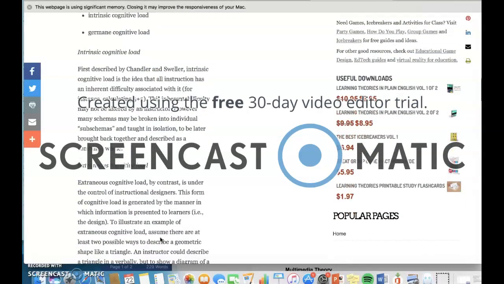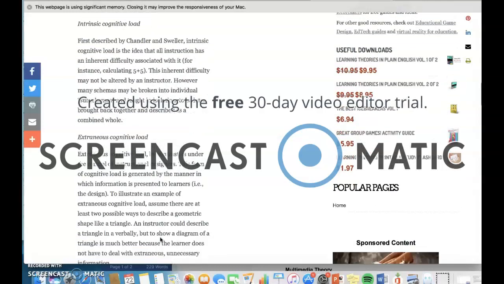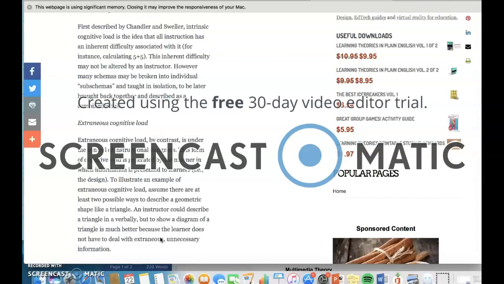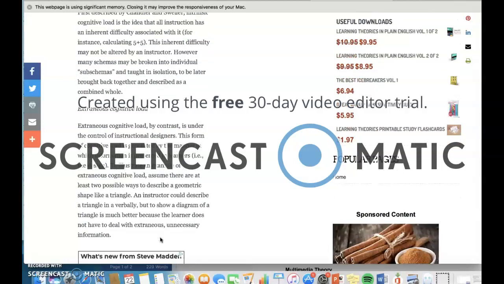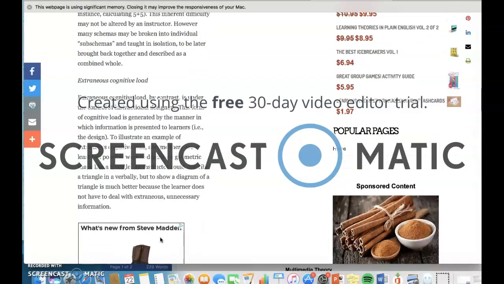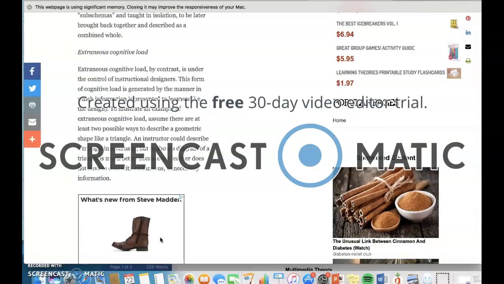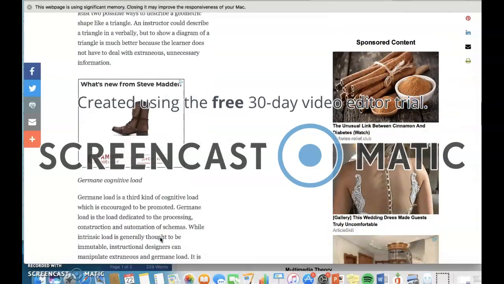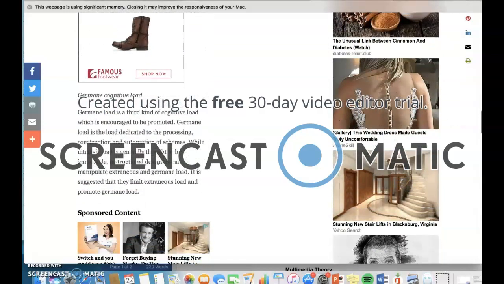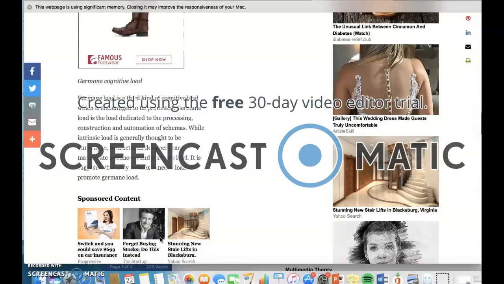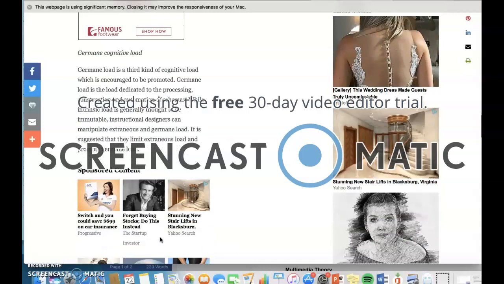And in contrast, the extraneous cognitive load talks about how there are controls the instructional designers can use to make the information presented easier to the learner. And then the last one, germane cognitive load, is the best one to use because this one focuses on the dedication to processing and construction of schemas throughout time.